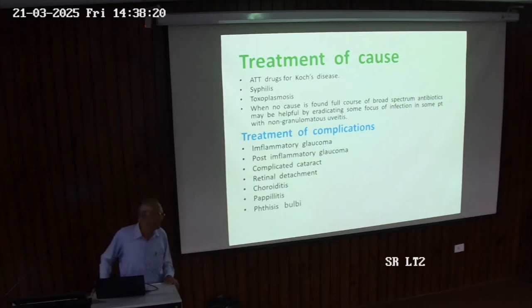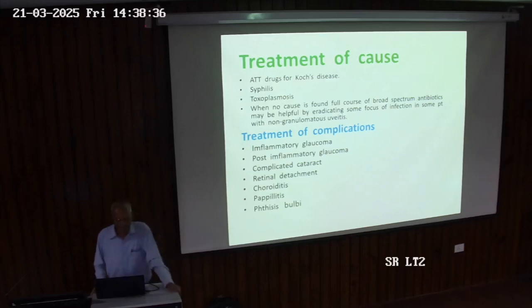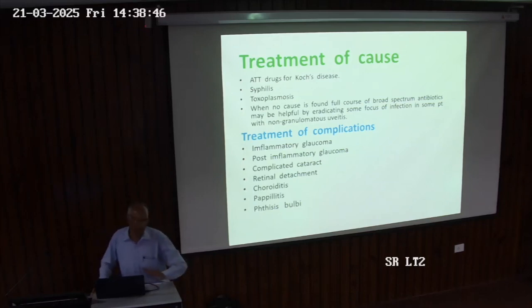Phthisis bulbi, if the pain is there, remove that eye. Phthisis means atrophy of the eye. So these are the complications of uveitis, slowly causing sequence-wise complications: glaucoma, early, post-inflammatory, complicated cataract, detachment, choroiditis, papillitis, phthisis bulbi. Accordingly, you have to treat that.